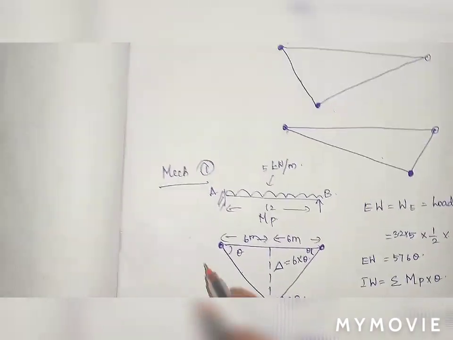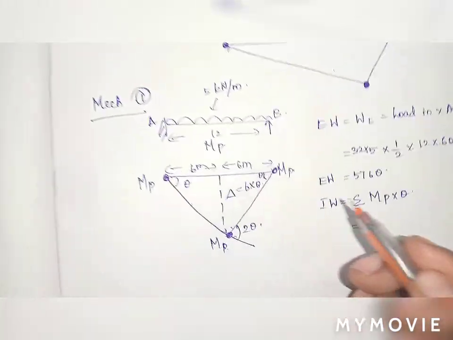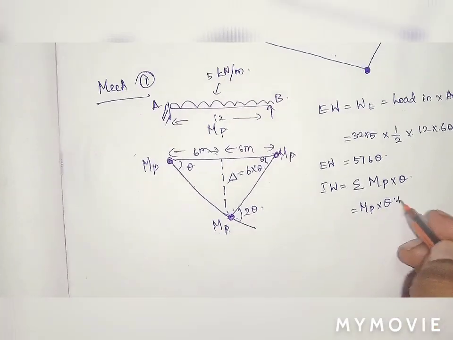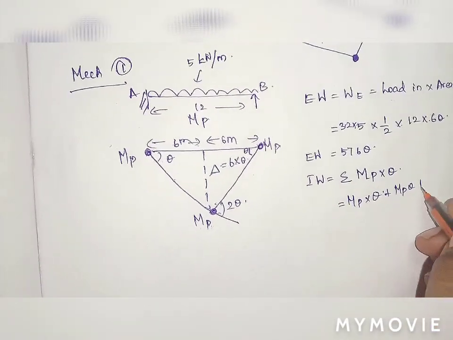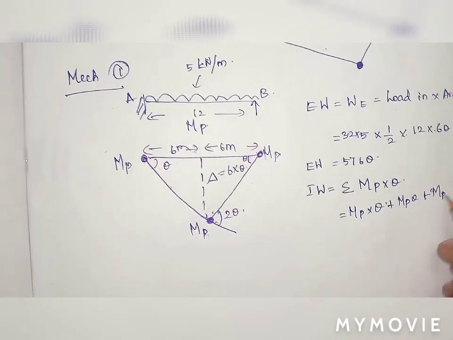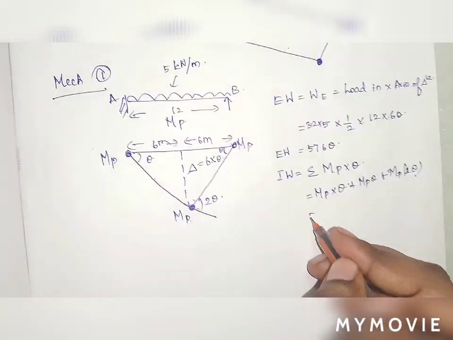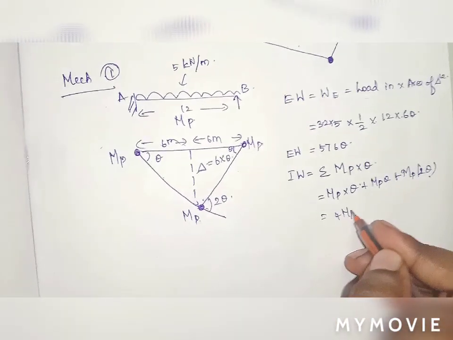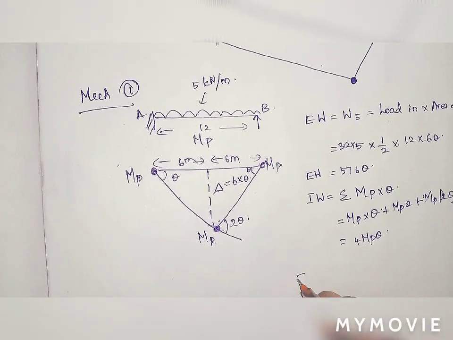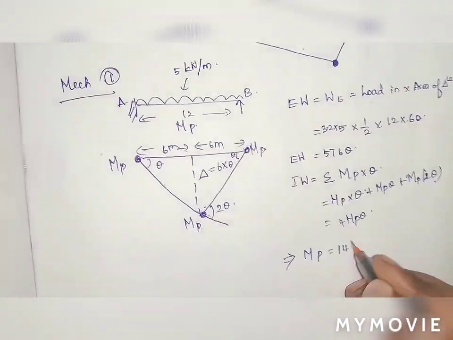Wherever a plastic hinge is formed, just denote that point by MP. So MP into theta at point A plus MP into theta at point B plus MP into 2 theta at this point. The total will be 4 MP theta. External work done equal to internal work done will give you the MP value, which is equal to 144 kilonewton meter.